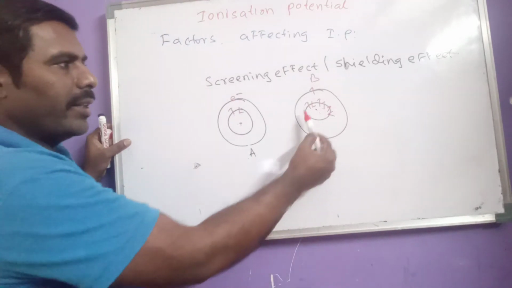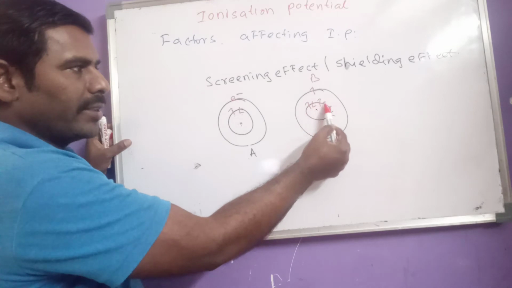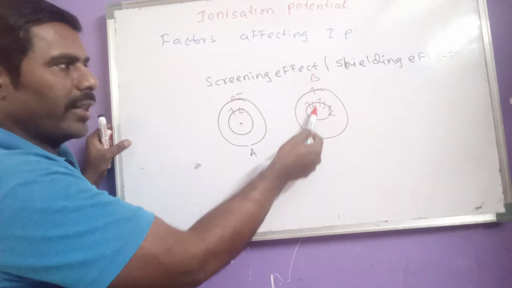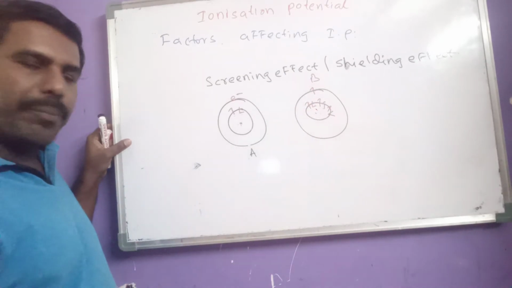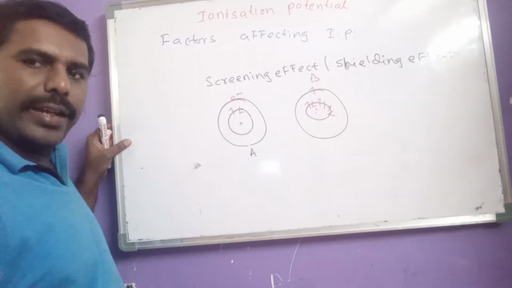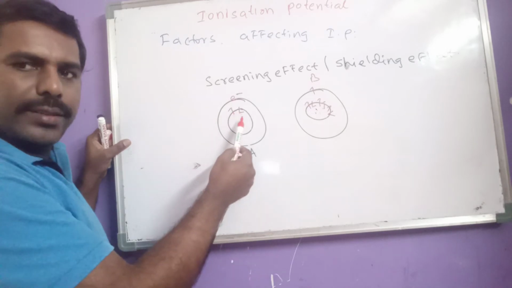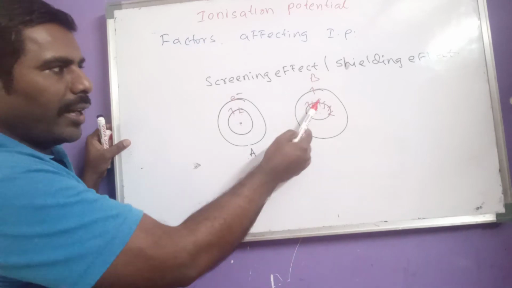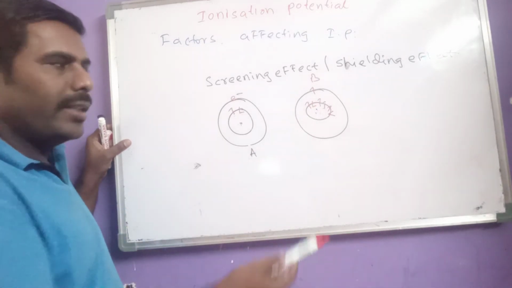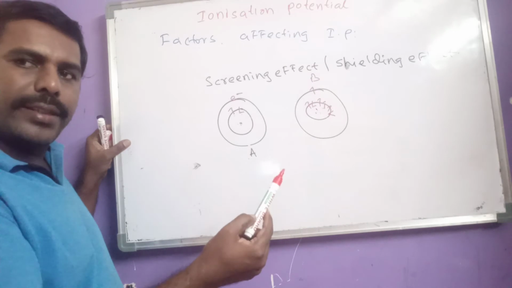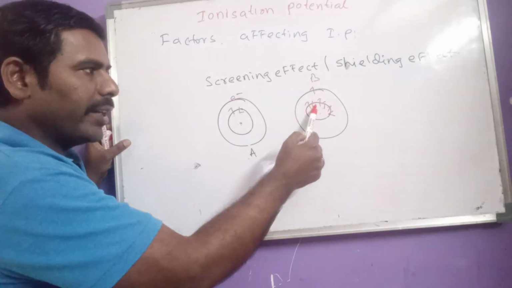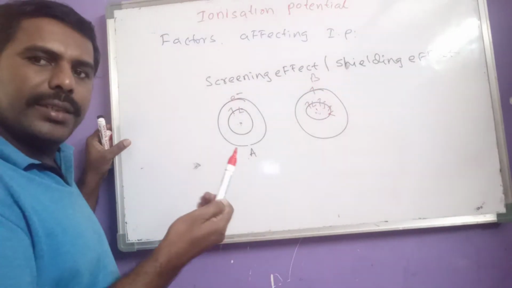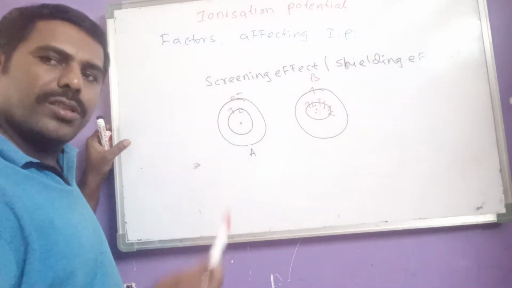That means these 6 electrons can screen the nuclear attraction reaching the outermost orbit to a greater extent compared with 2 electrons. So as the number of inner orbit electrons increases, the screening effect also increases. As the screening effect increases, the nuclear attraction may not reach completely to the outermost orbit.